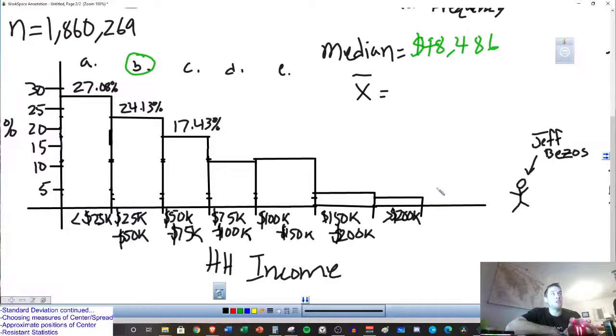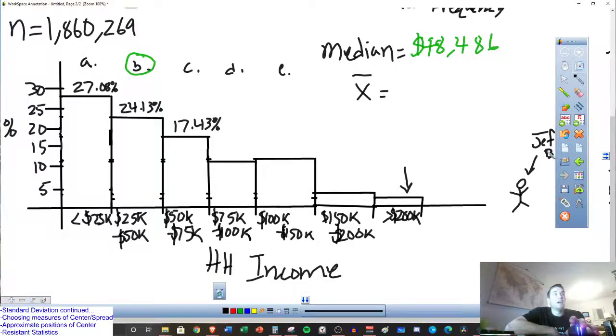And if he's on this distribution, he obviously would fall in this category, but he is so rich that we almost imagine him being so far up, right? He's way over there, okay? So if his actual number is in this category, he's way up there. He's by himself, right? He is like the pure definition of outlier, okay? And if we calculate him into the calculation of mean, adding all the values up, dividing by the number in it, he is going to ruin it, right? His value is going to absolutely drag everything up.